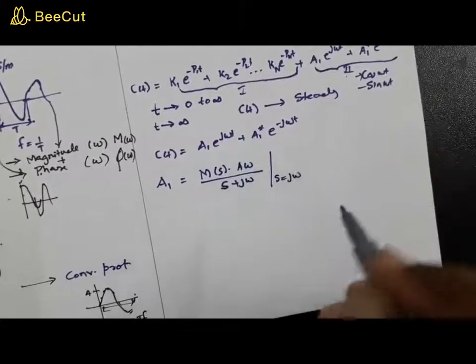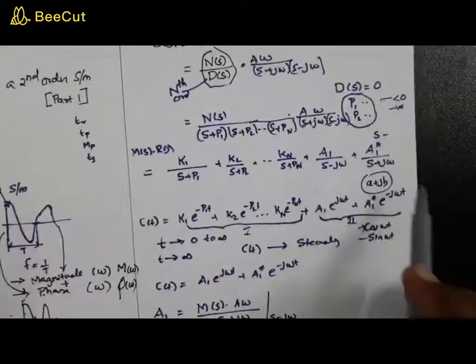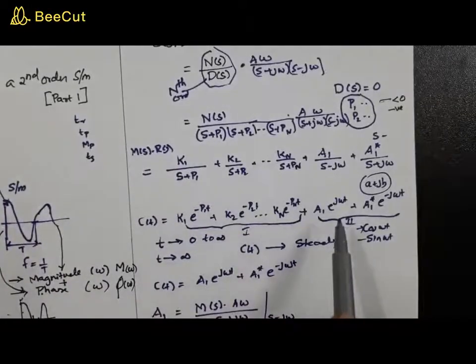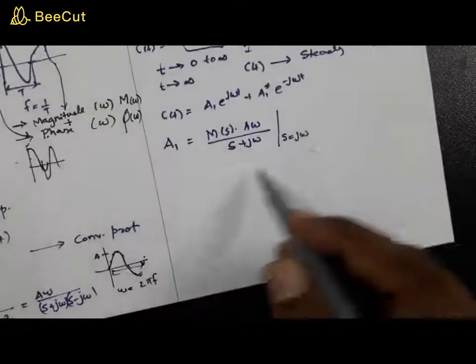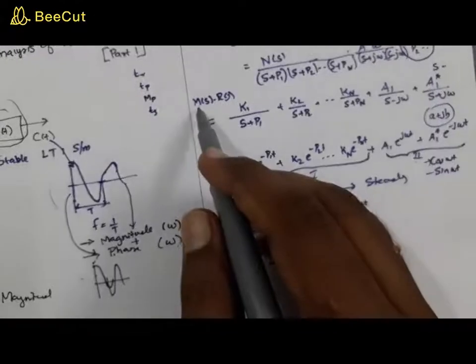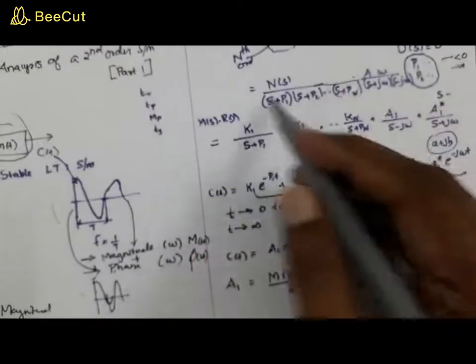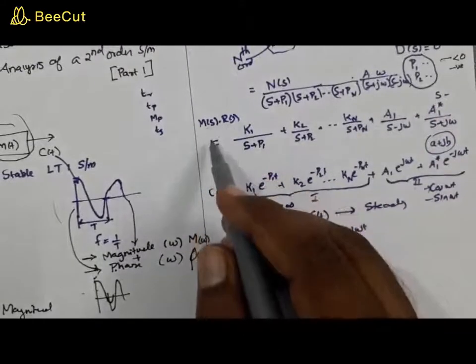This is how you need to find it. Just find the coefficient as you did while resolving partial fractions. Using this expression, the same thing is equated as m of s into r of s.